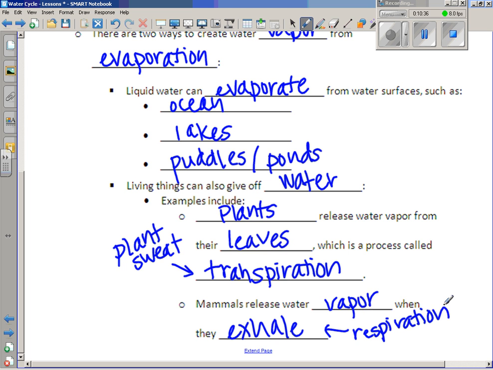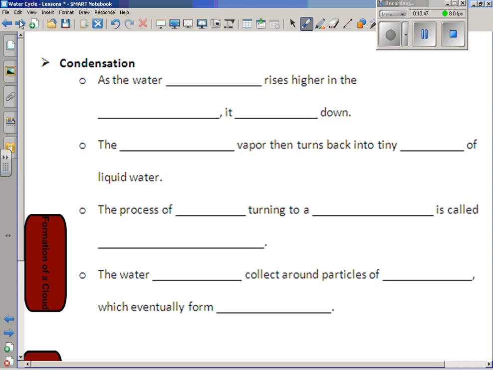Well, that's our next part, condensation.